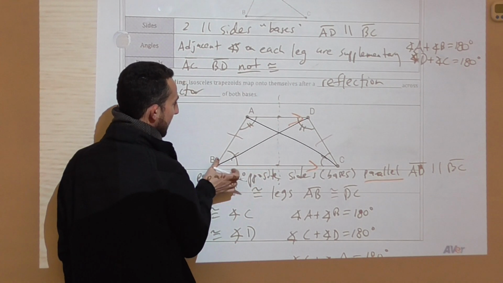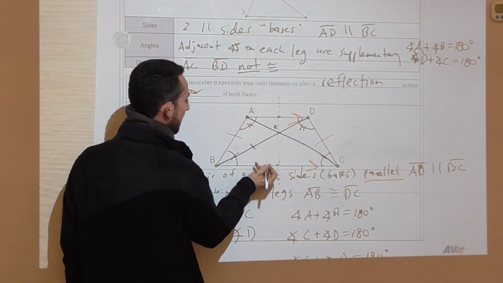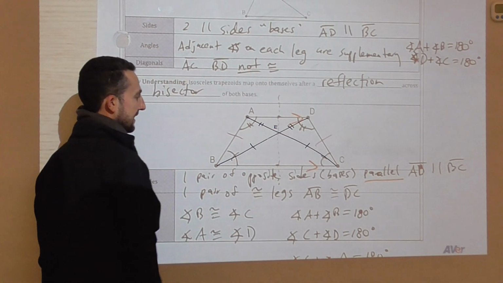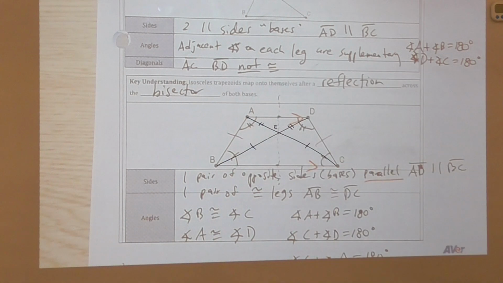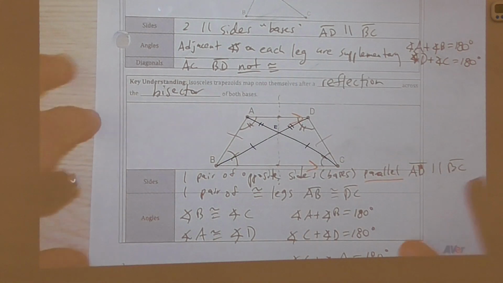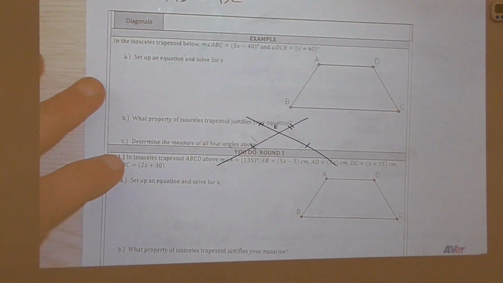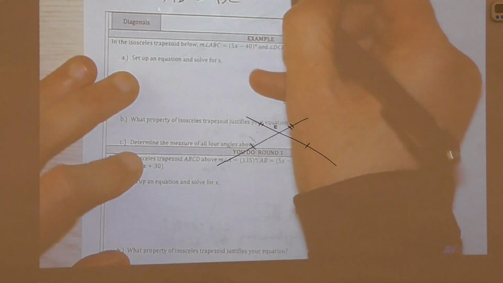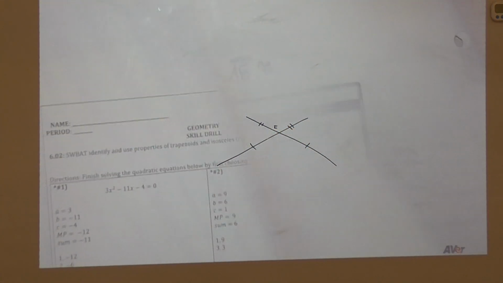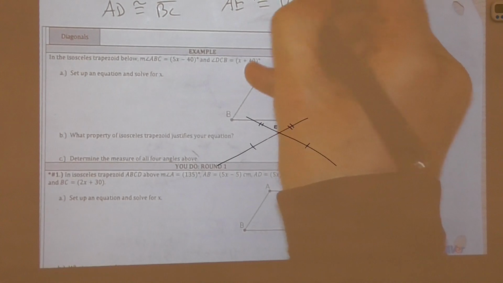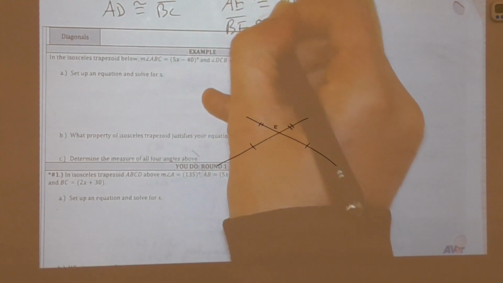So what I mean is that if this is point E, then BE is congruent to CE, and AE is congruent to DE.